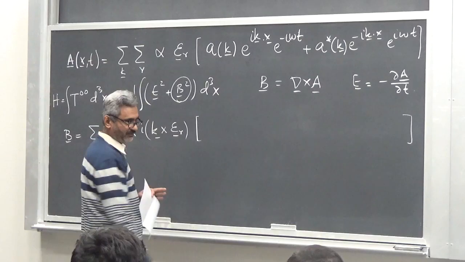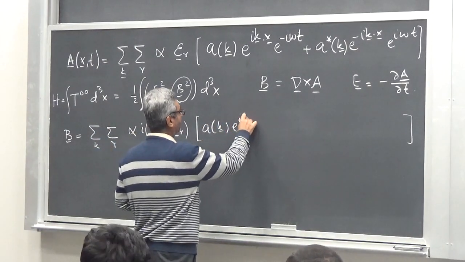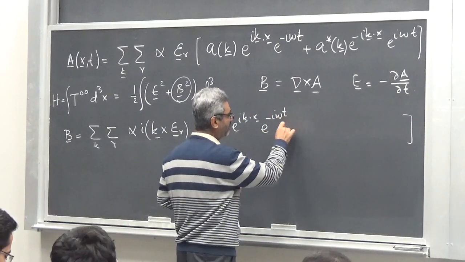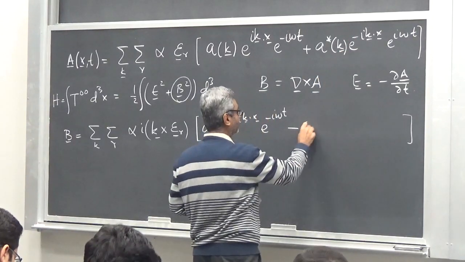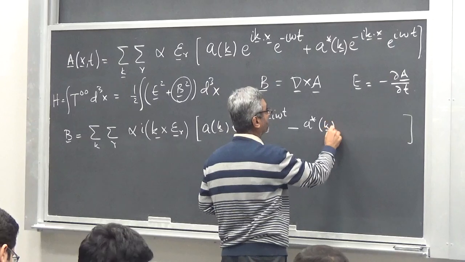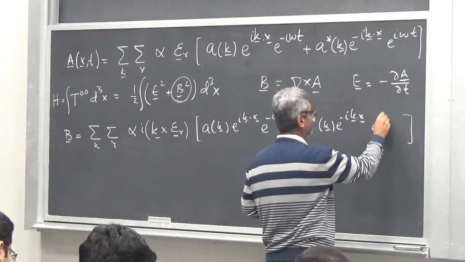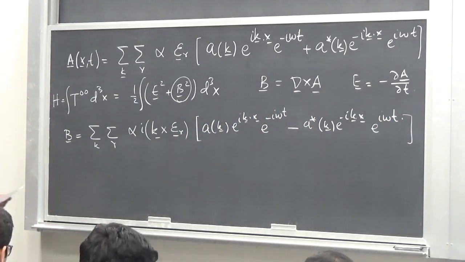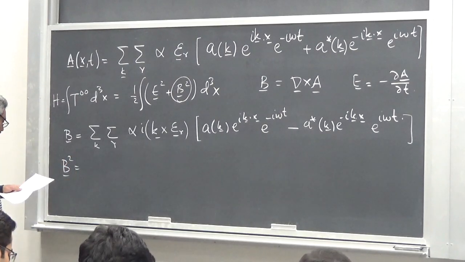So this is a k e to the i k dot x e to the minus i omega t, minus a star k e to the minus i k dot x e to the i omega t. Right? And so b squared, and now things are going to get out of hand.